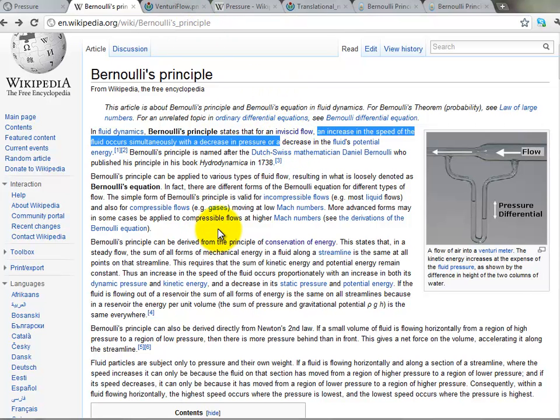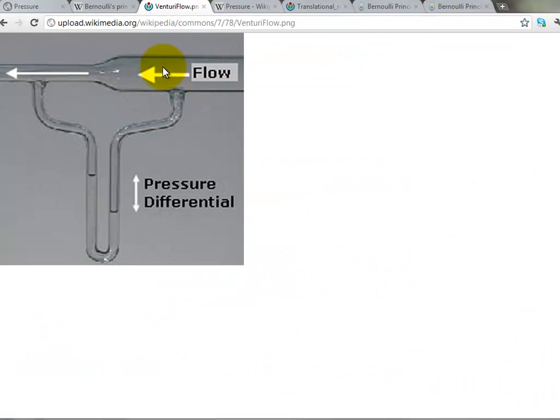So this means that in a flow, if the velocity increases, as it's doing in this constriction here, the increase in velocity means that the pressure decreases. So the pressure where the velocity is higher is lower than the pressure where the velocity is lower.